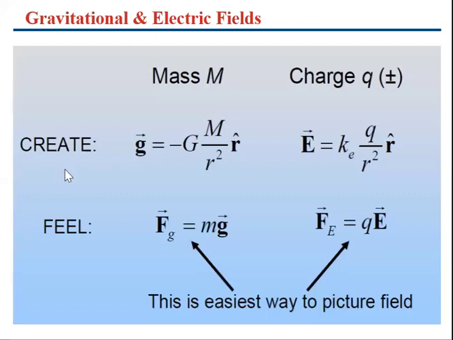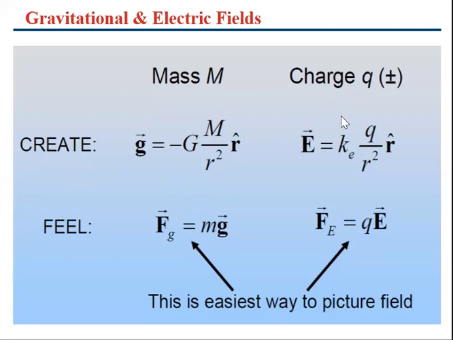Let's continue. There is a similarity between the electric force and the gravitational force. For the gravitational force, Fg equals minus G m over r squared. The field is equal to minus G m over r squared multiplied by the unit vector.